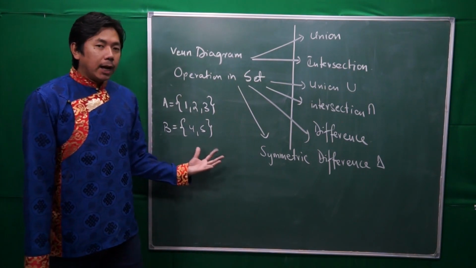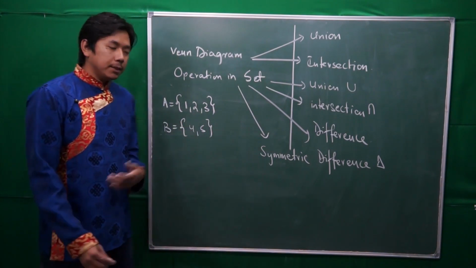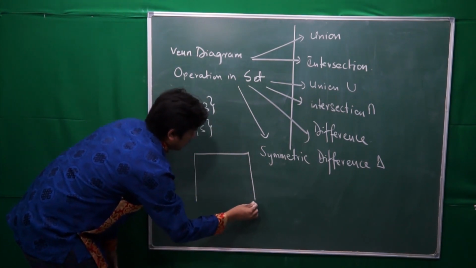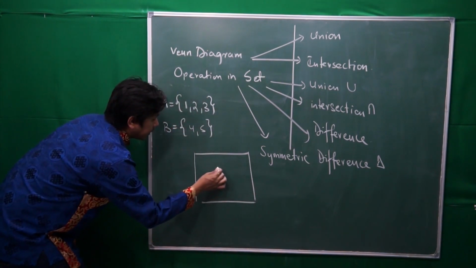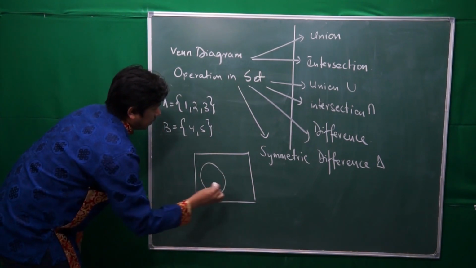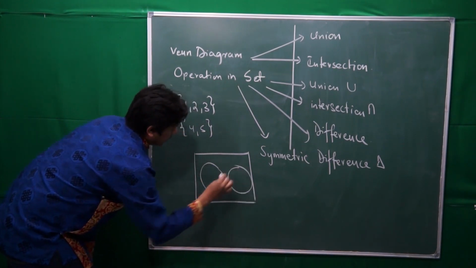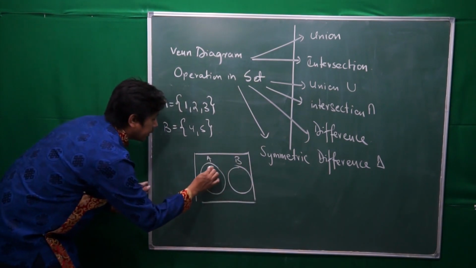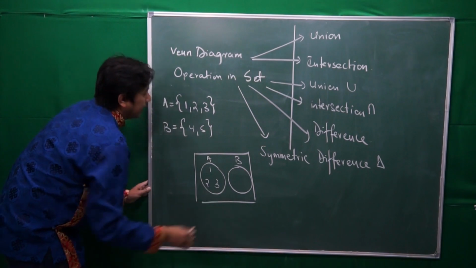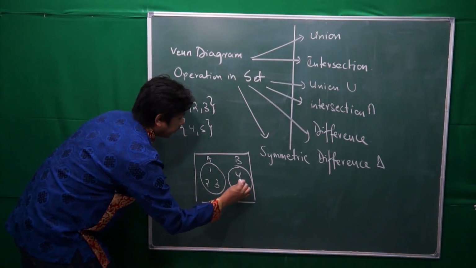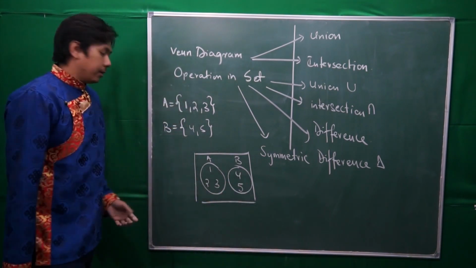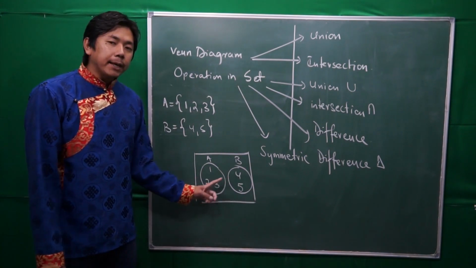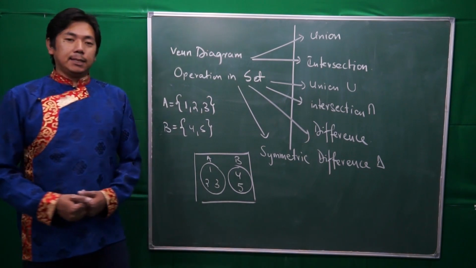Now, if I draw a Venn diagram of intersection in this case, the diagram would be something like this. This is set A, this is set B. Set A has elements 1, 2, 3, and set B has elements 4, 5. From here it is clear that there are no overlapping elements in both the sets.